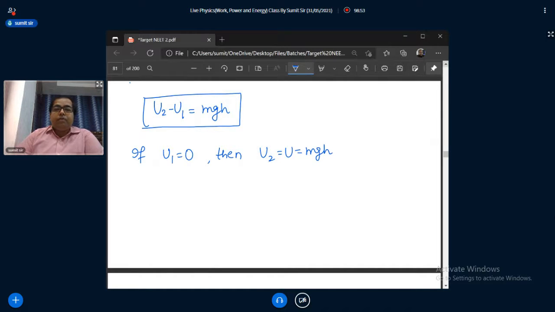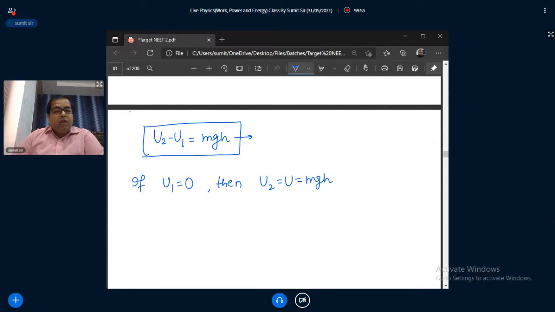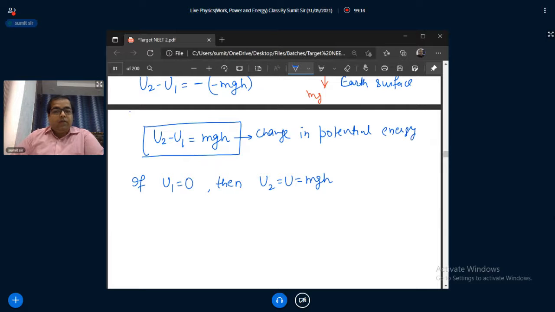So this is the potential energy, or you can say the change in potential energy of the system of block and Earth.